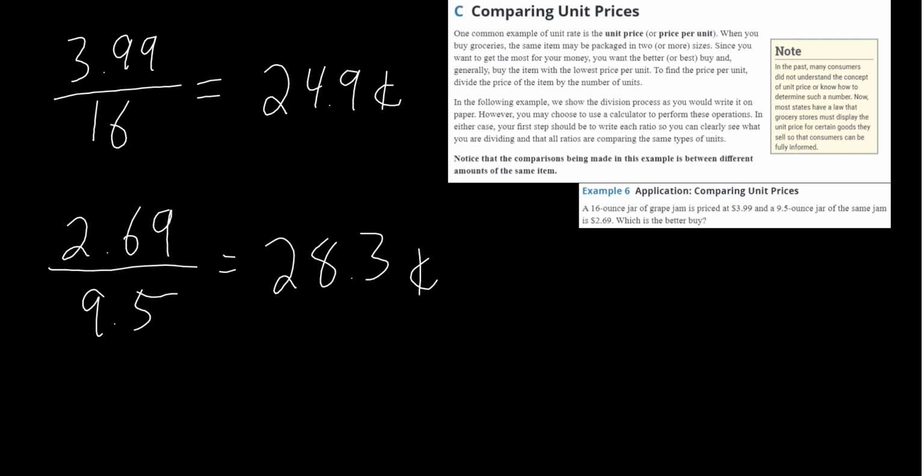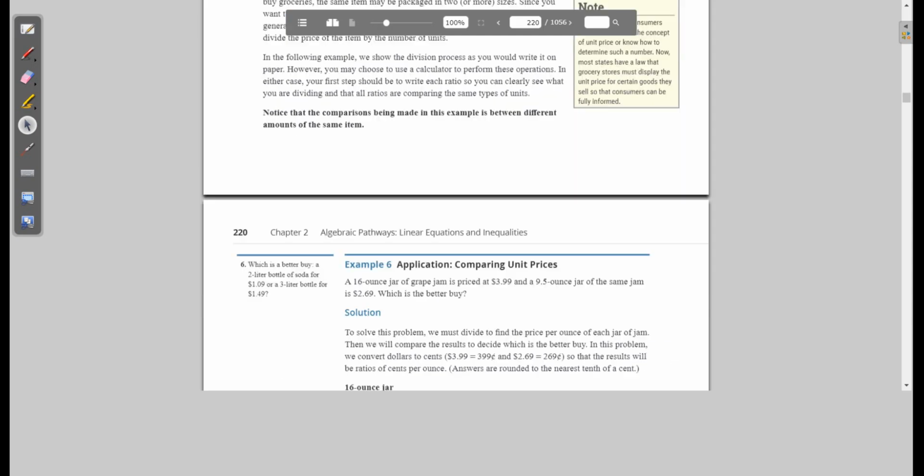Obviously, buying the more expensive one, I say obviously, it's not actually obvious. Buying the more expensive one, you're going to save per unit. You're going to pay more up front, but per ounce, you're going to be saving an extra 3.4 cents. Not much of a difference, but it's there.